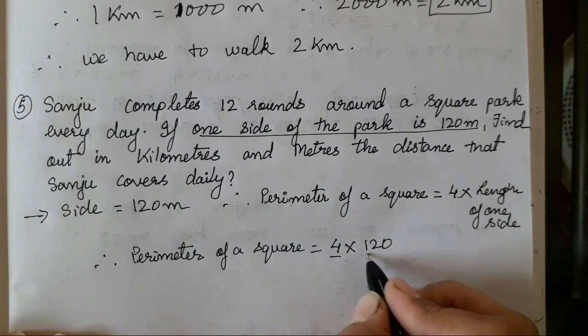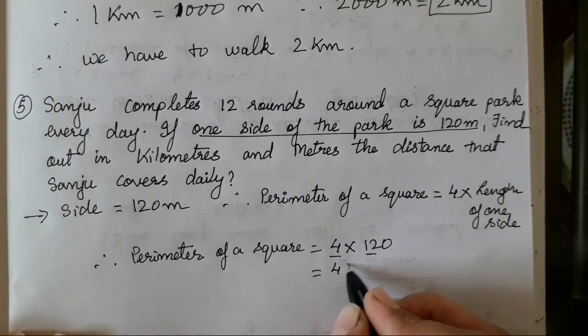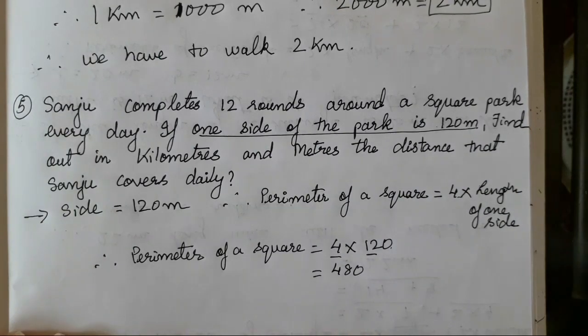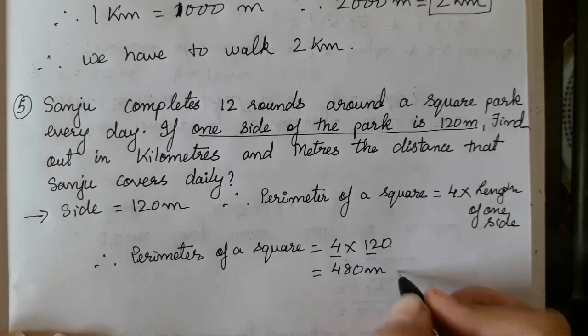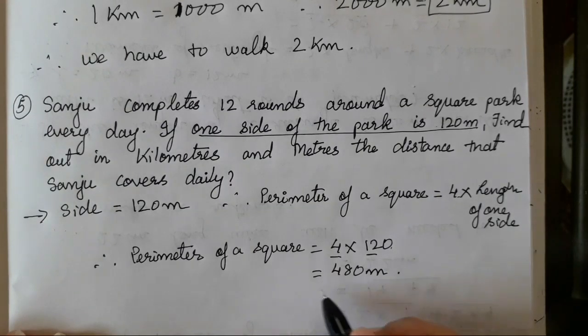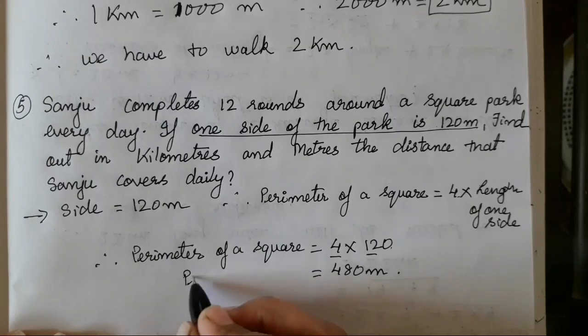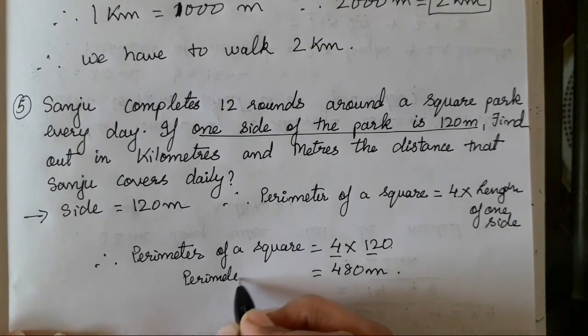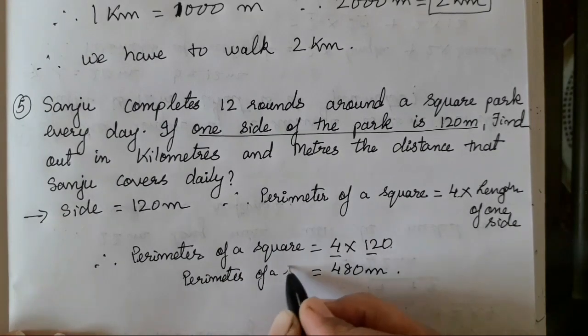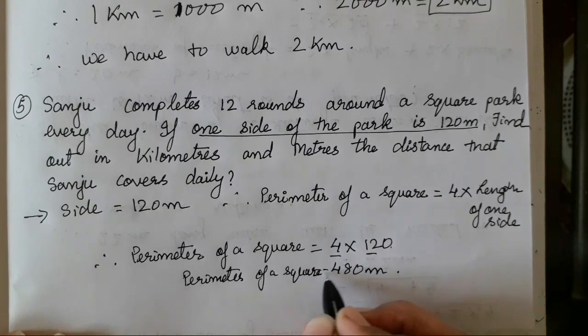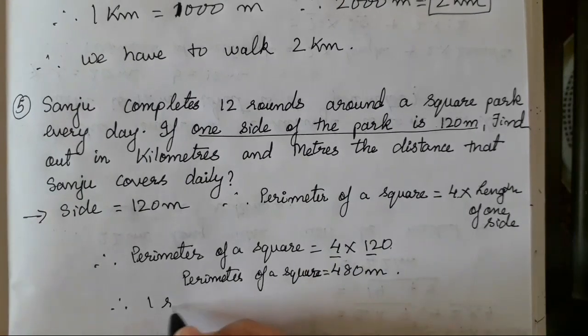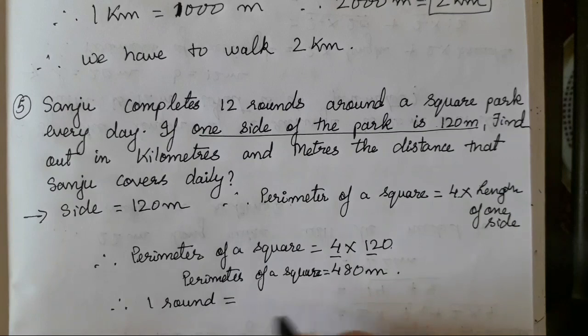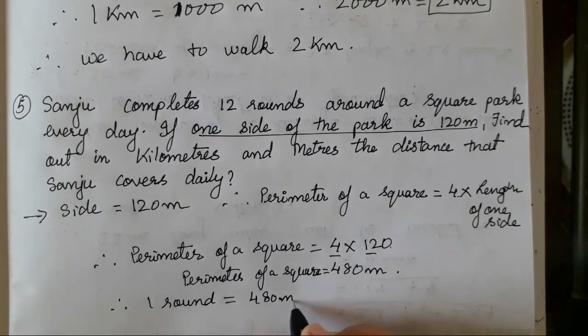Okay, so 4 12s is how much? 480, 0 as it is, and this is the answer in meters. Okay, now this is the perimeter of the square. That means one round, therefore one round is equal to 480 meters.